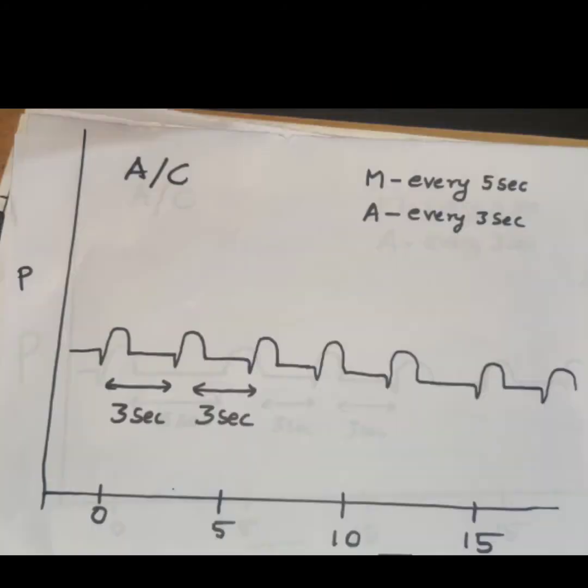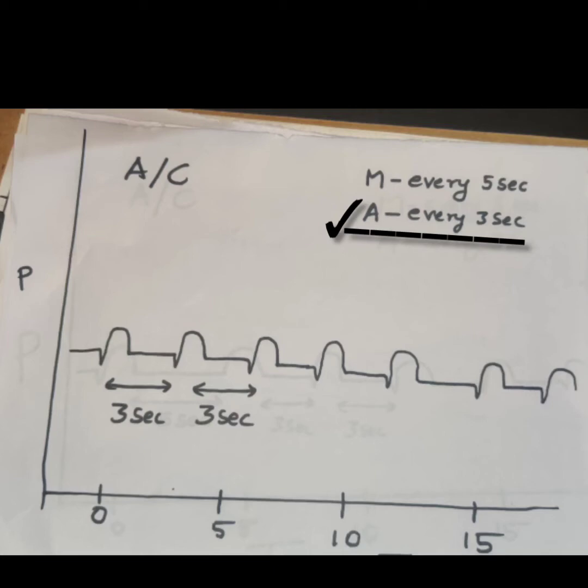So the mandatory frequency is 12 breaths per minute. 60 by 12 is 5 seconds. For every 5 seconds, it will deliver a breath if it doesn't sense a breath within the previous 5 seconds. The patient frequency is 20 breaths per minute, so 60 by 20 is equal to 3 seconds.